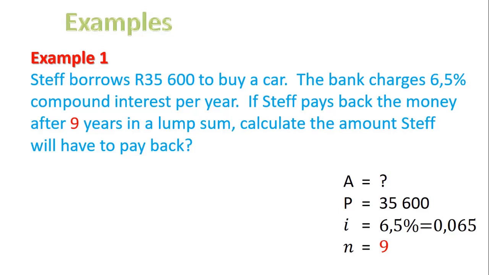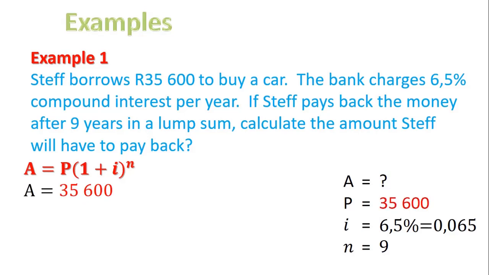Let's have a look at our formula. A equals P(1 plus i) all to the power of n. Well, A is what I'm looking for. My P is 35,600, open brackets, 1 plus my interest rate as a decimal, not a percentage, so 0.065, then close brackets, and then my number of compounds, or in this case, the number of years is 9.